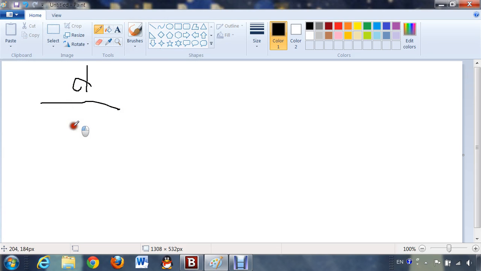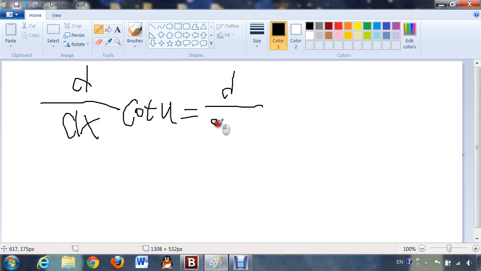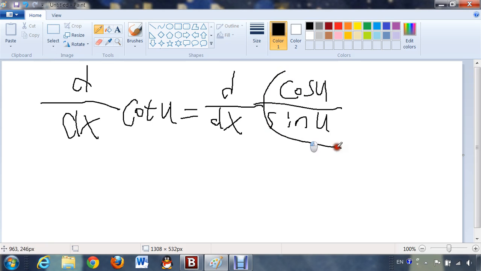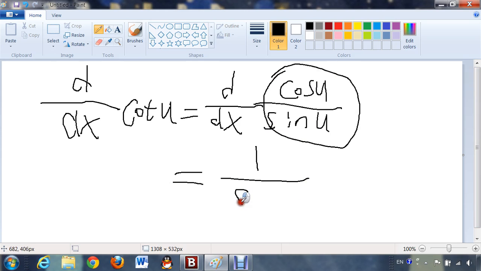Like, remember, if you take the derivative of cotangent of something, remember cotangent can be written in sine and cosine as well, and that will be just what? Cosine of something over sine of something. And then you use the quotient rule again to find a derivative of this and compute that, and then at the end you will get 1 over sine square something, which will be cosecant square something.